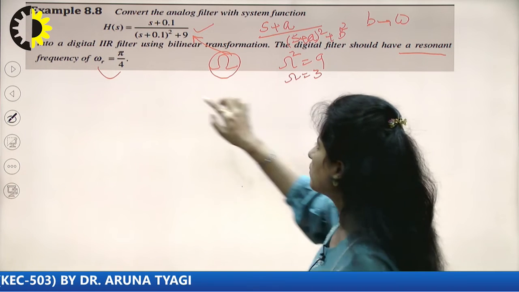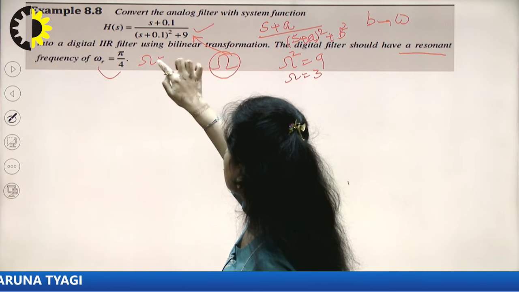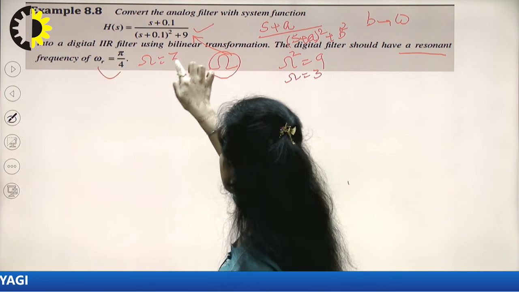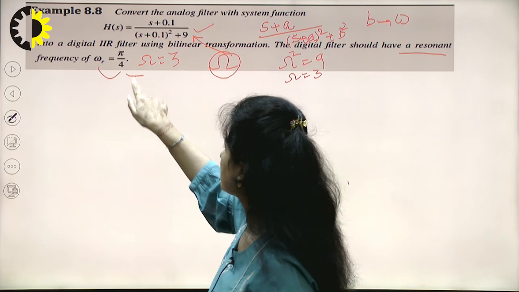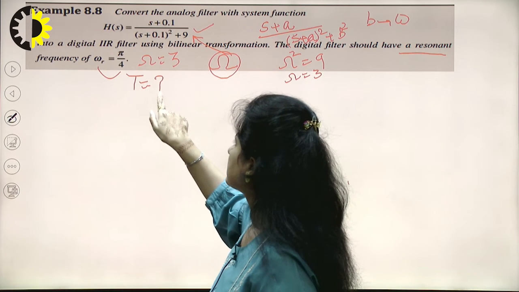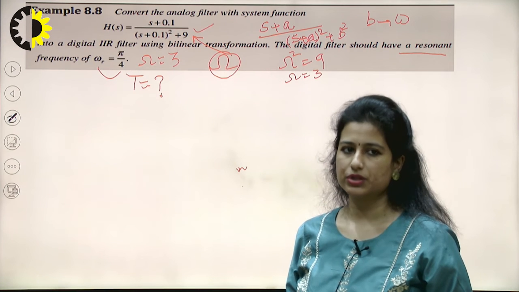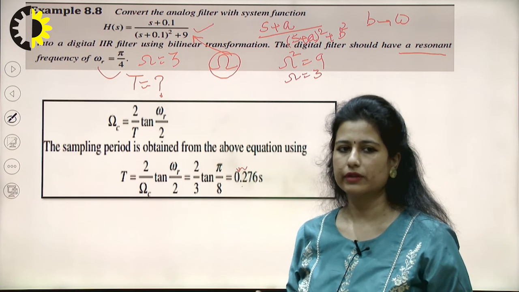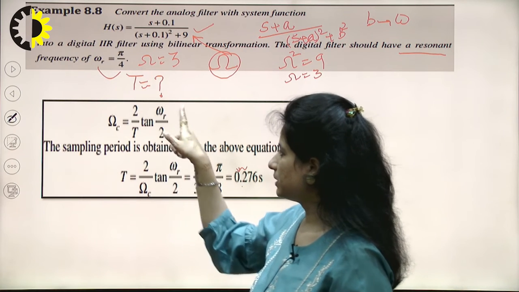So now I know both the frequencies, the digital frequency as well as the analog frequency. What is left in the relationship is to calculate the time period. Once I know the time period, I can make the direct substitution and convert this analog filter to the digital one. So this is the relationship between these two frequencies.